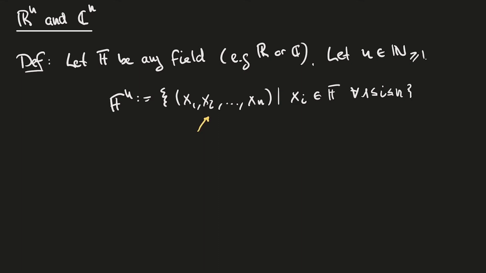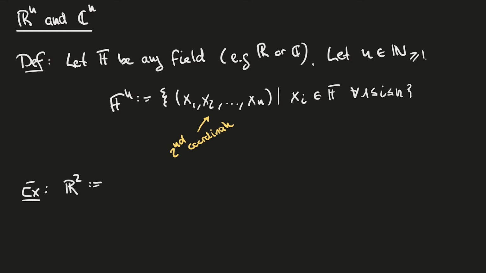We call the entries coordinates. So for example, this would be the second coordinate, and in general, the ith entry we will call the ith coordinate. To make this more concrete, I'll give the following example, which we'll work with in what follows, namely R^2.